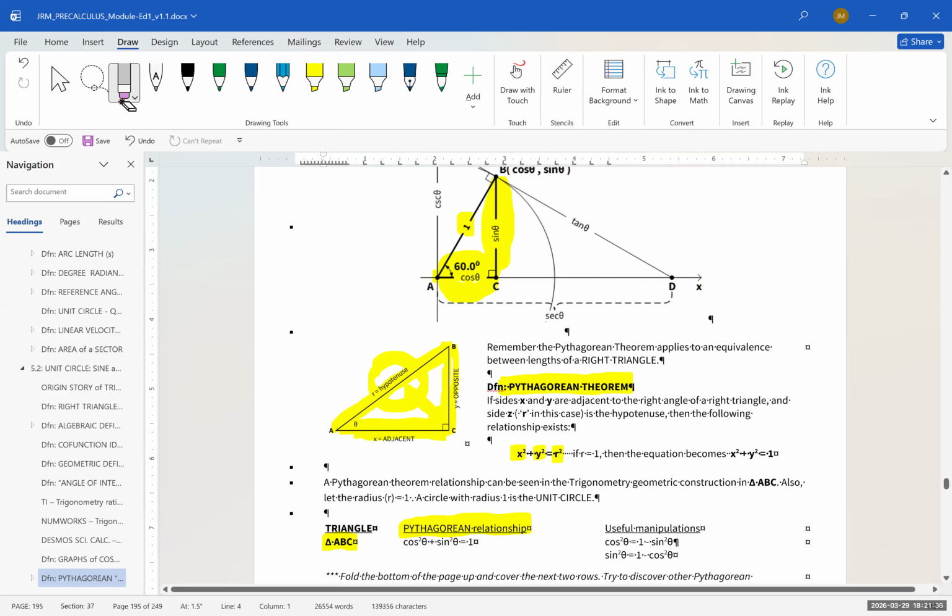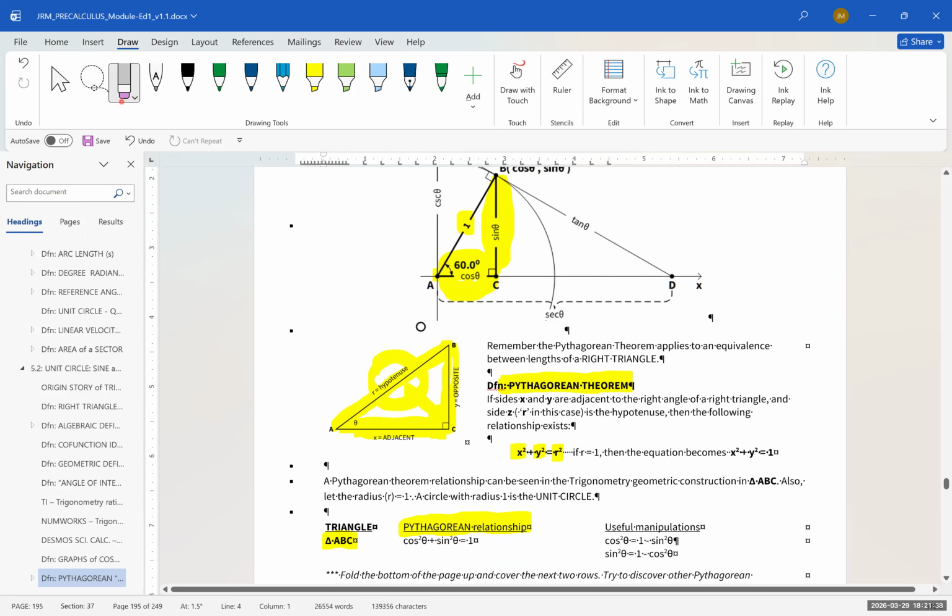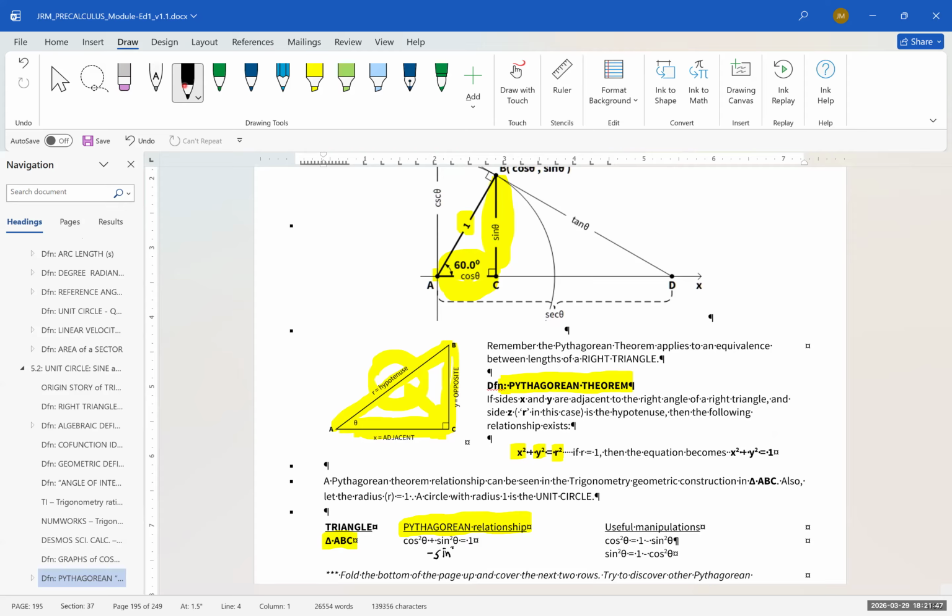Now it's useful to take this Pythagorean relationship and rearrange it. If we subtract sine squared theta from both sides, these will add up to 0, and you're left with cosine squared theta equals 1 minus sine squared theta. So that Pythagorean identity can come in useful sometimes.